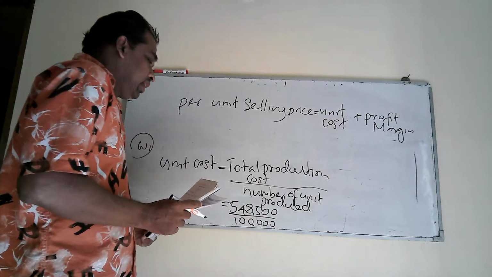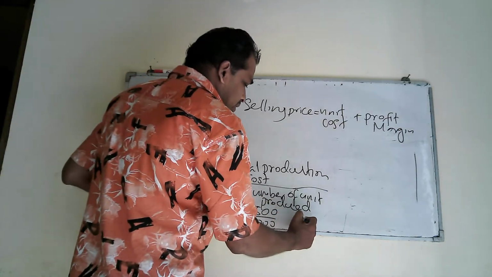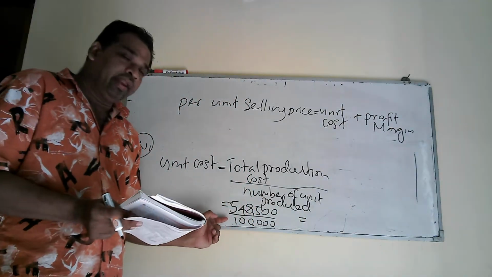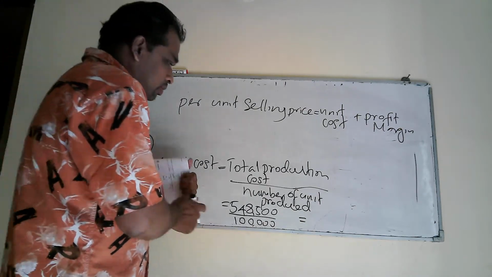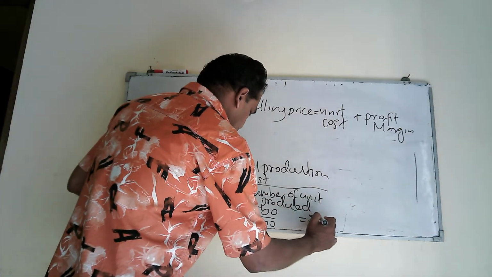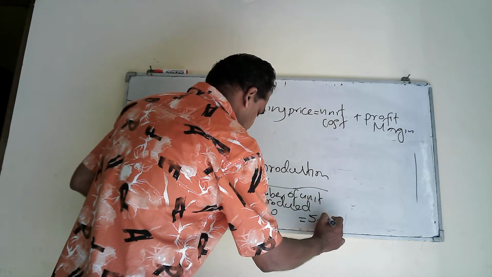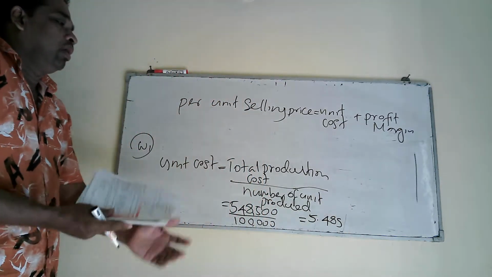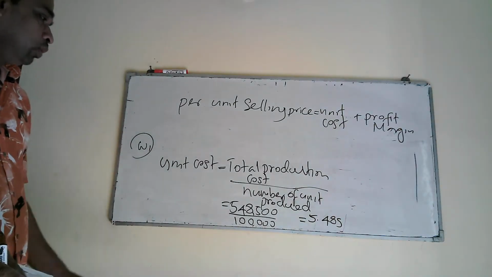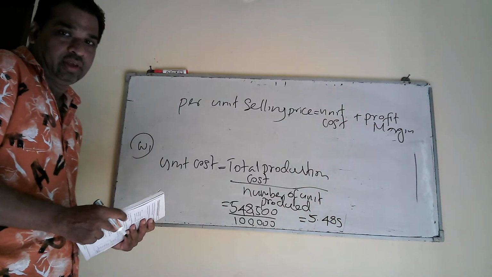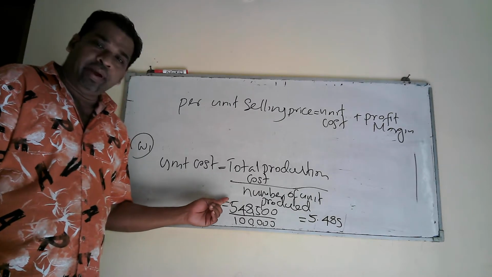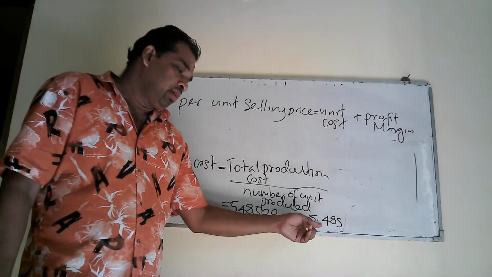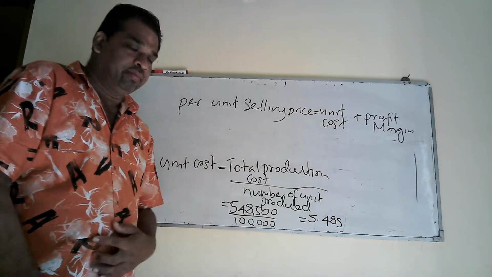When you divide 548,500 by 100,000, you will get a unit cost of 5.485. You can just check: 548,500 divided by 100,000, your unit cost will be 5.485.